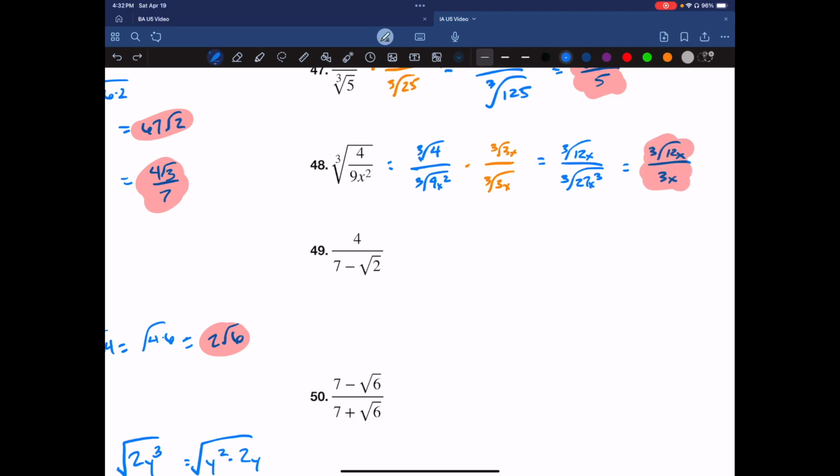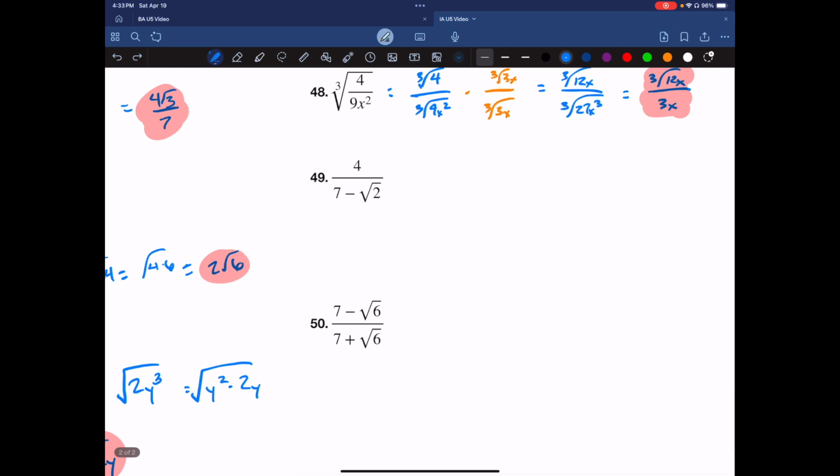Right, 49. So again, my whole goal here is to get rid of the radicals in the bottom. So on 49 and 50, I have to multiply by the conjugate, which here is going to be 7 plus square root of 2. So it's kind of like that whole difference of two squares thing from chapter 6, from the last unit.